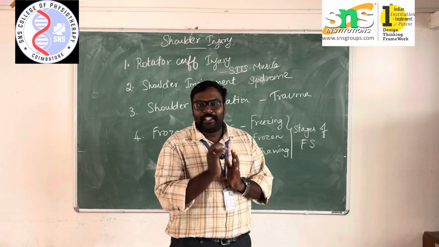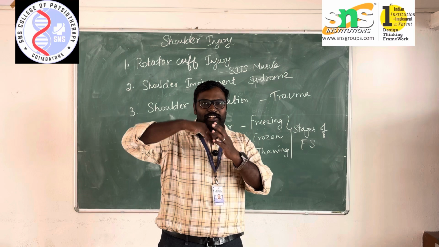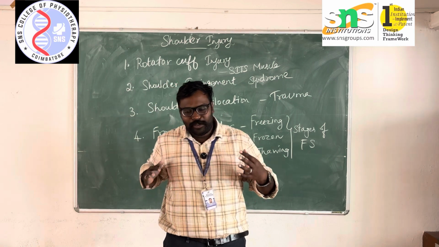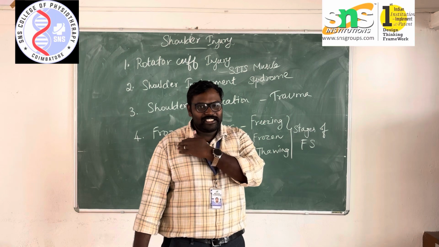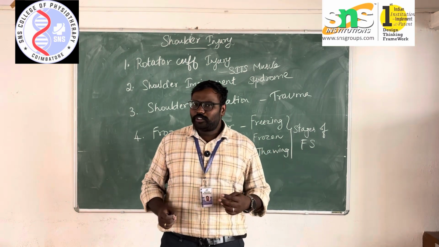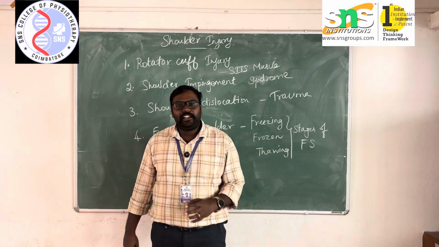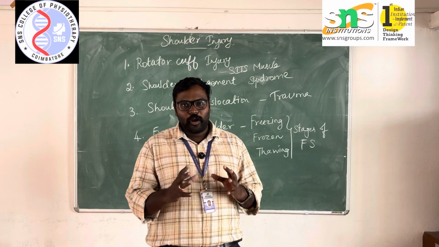What is trauma? In a road traffic accident, or if a person is climbing stairs, falls down and keeps his hand as a supporting area, if the muscles in this area are not strengthened, it will lead to dislocation. The most common dislocation is the anterior dislocation of the shoulder. Why?